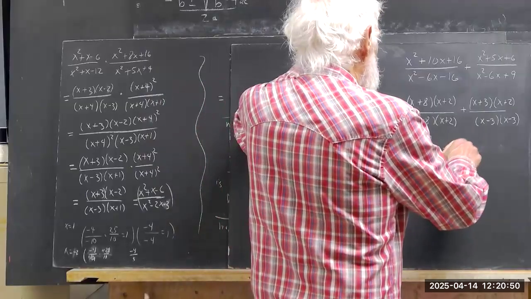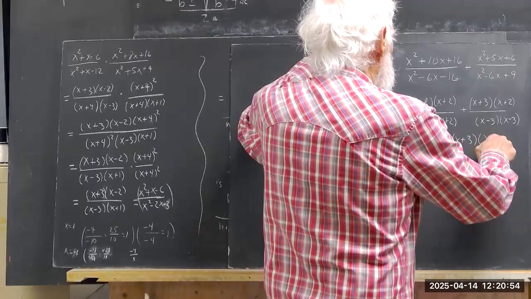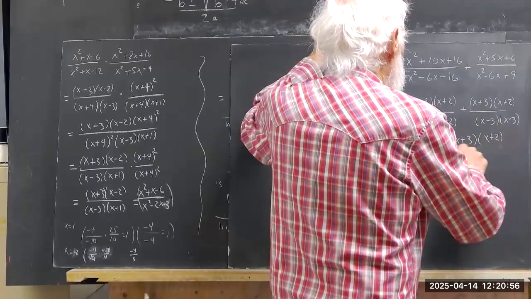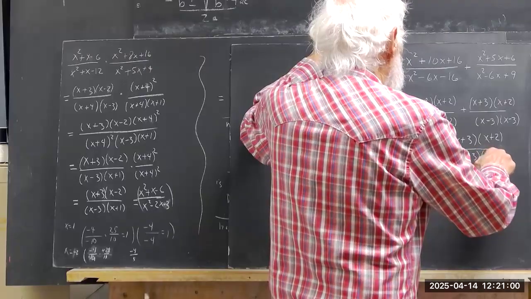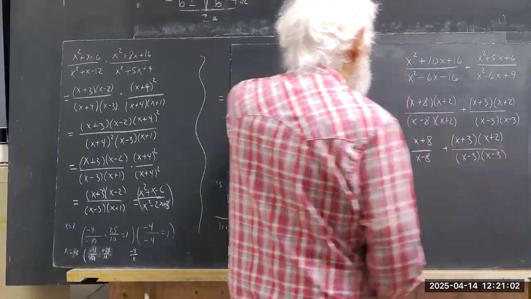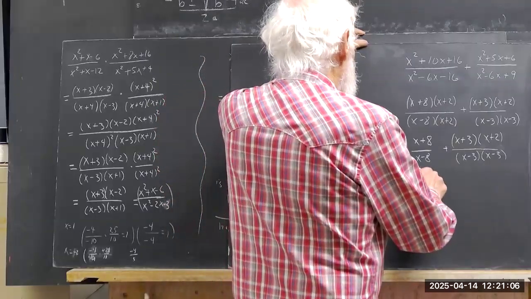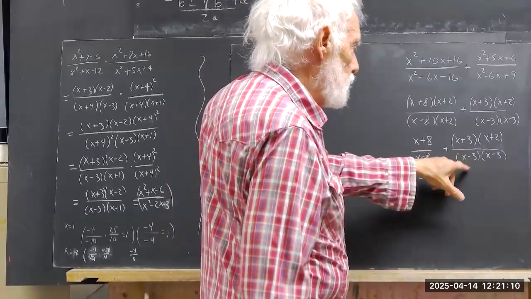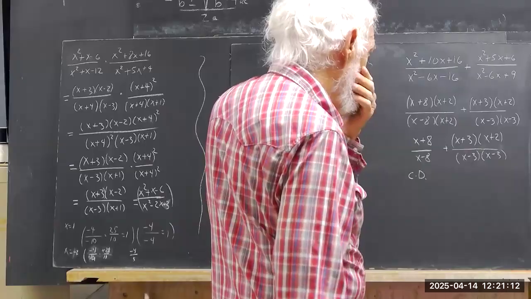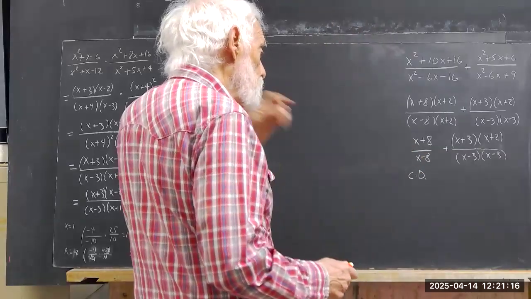And to that, we add the second fraction, (x plus 3)(x plus 2) over (x minus 3)(x minus 3). Now, our denominators are just x minus 8, and then (x minus 3)(x minus 3). What do we need to include both denominators?